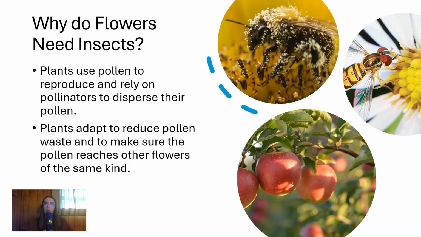To get that apple, you need to have a bee or a butterfly or something take pollen from one flower and bring it to another flower, in which case that second flower will be fertilized and an apple will grow in its place. And plants will adapt to reduce pollen waste and to make sure that the pollen actually makes it to another flower of the same species, so the fruit will actually grow.